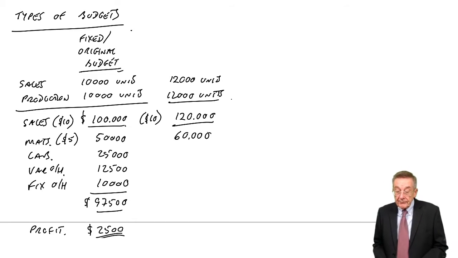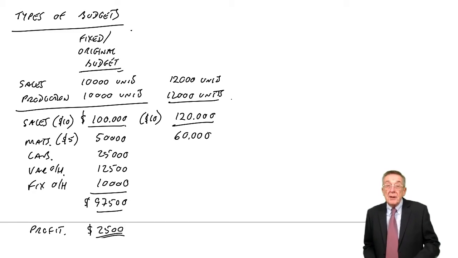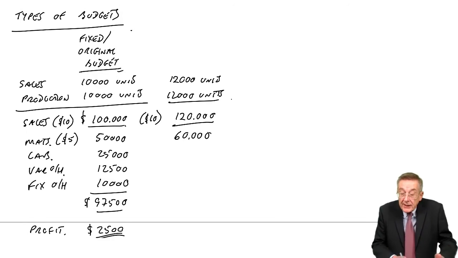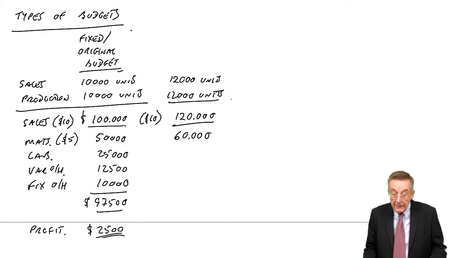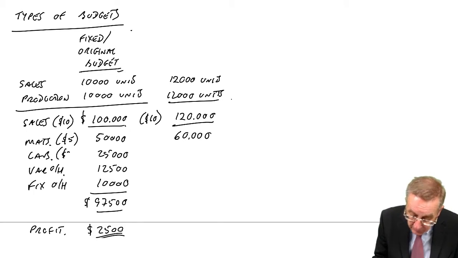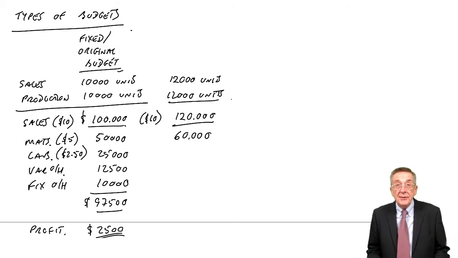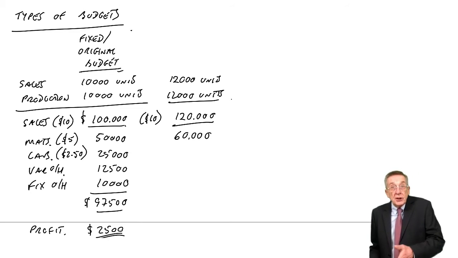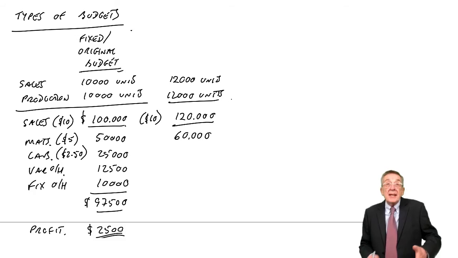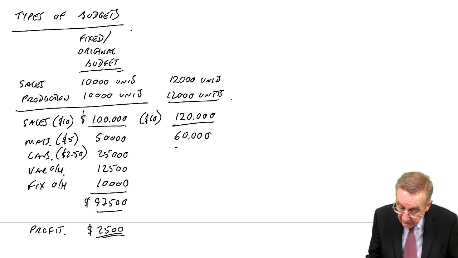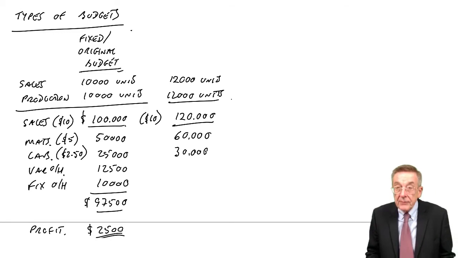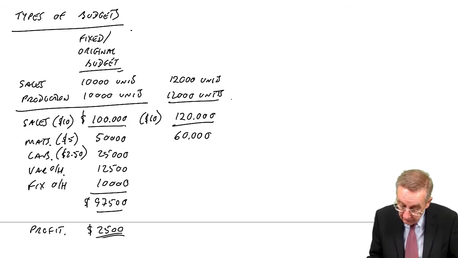Well, what about labour? We originally budgeted on 25,000, expecting to produce 10,000. So we were expecting it to be $2.50 a unit. We actually produced 12,000, and at $2.50, we'd now be expecting to have spent 30,000.